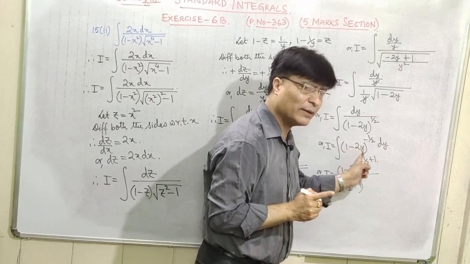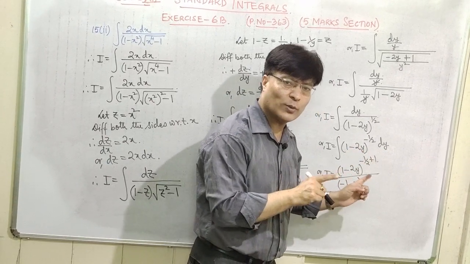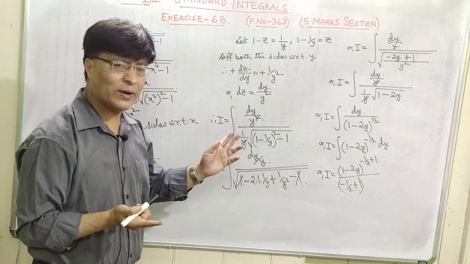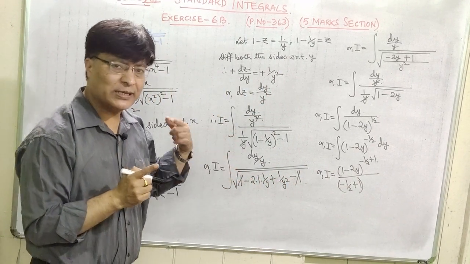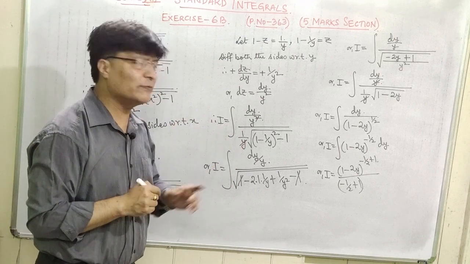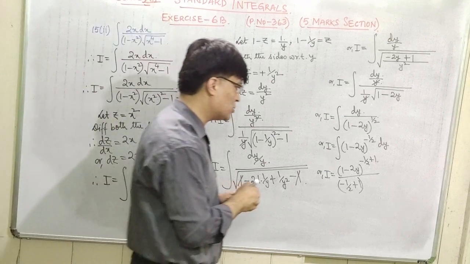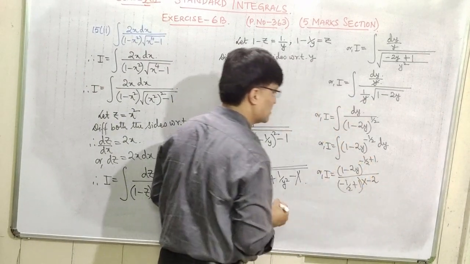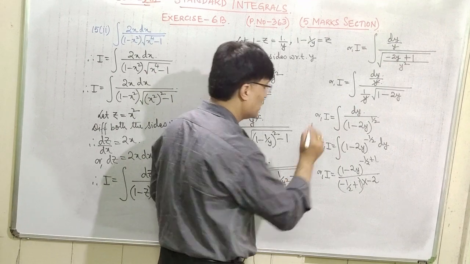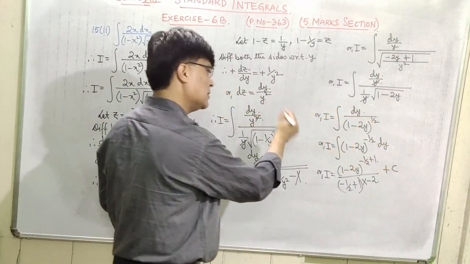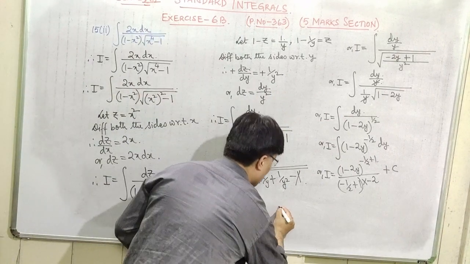For 1 it is 0, and for minus 2y it is minus 2. Is that clear? But in case of differentiation you have to multiply it by minus 2. But this is the case of integration, you have to divide it by minus 2. So you have to write down minus 2 in the denominator. Is that clear? Then what do we write? Plus c. So let us simplify it further.